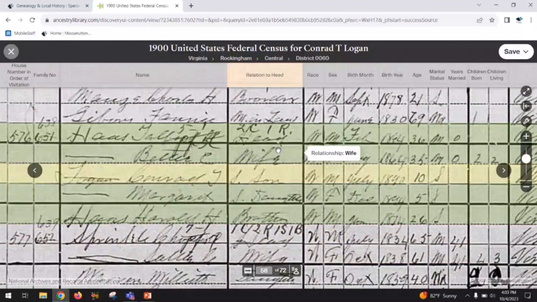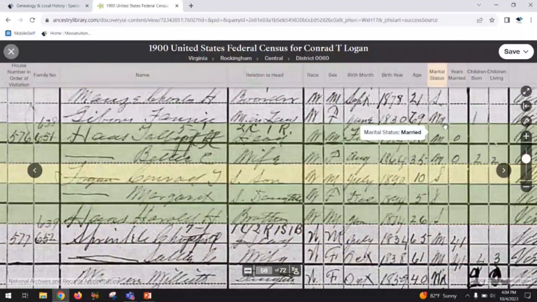So, looking at this, we can kind of guess that his father probably died before 1900 because his mother, Betty, which notice is spelled differently this time than last time, is remarried to Mr. Haas. His sister Margaret also lives with them, as does his stepfather's brother. It says that Mr. Haas and Betty have been married for 0 years right here.